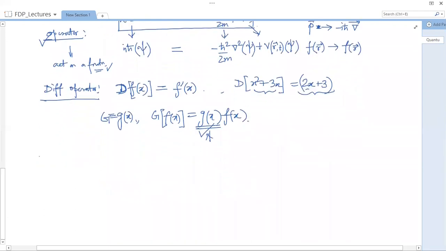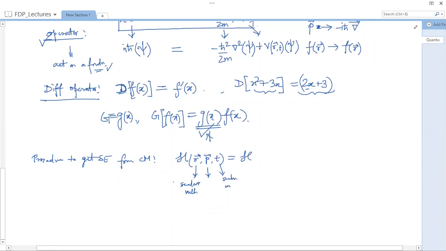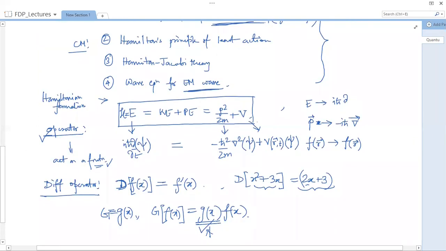So the procedure to get the Schrodinger equation from classical mechanics is this: I have a Hamiltonian function H, which is a function of r, p, and t, and this is equal to the energy E. Now I replace everywhere any function of r by scalar multiplication, similarly for functions of r and t, and p by the operator minus i h bar nabla, and E by the operator i h bar d/dt. So basically that's the procedure to get the Schrodinger equation.